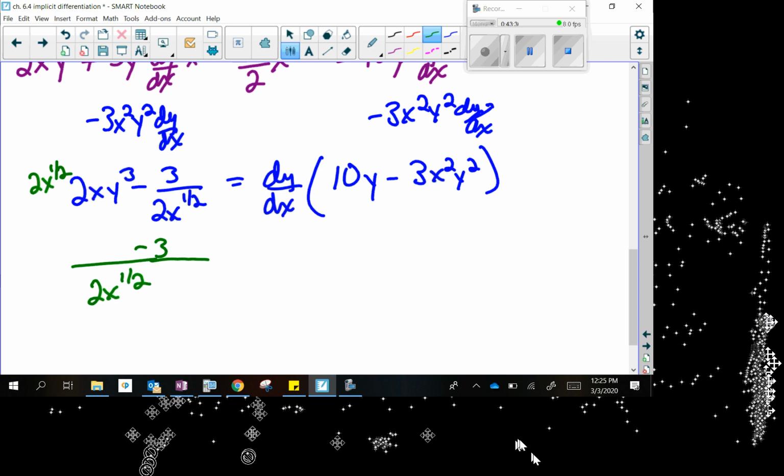Come on, you all can do this. Okay, 2 times 2 is 4, right? X to the 1/2 times x to the first becomes x to the 3/2 and y to the third. That's not that bad.